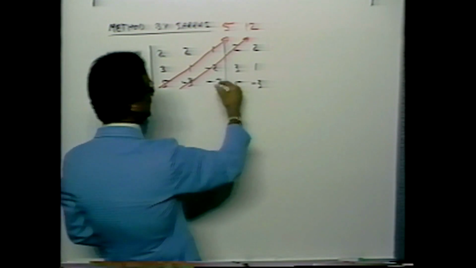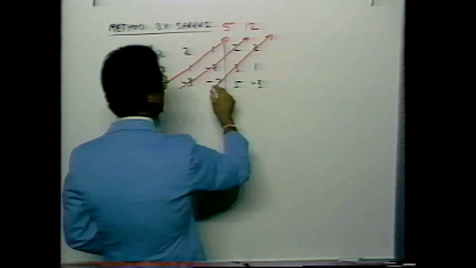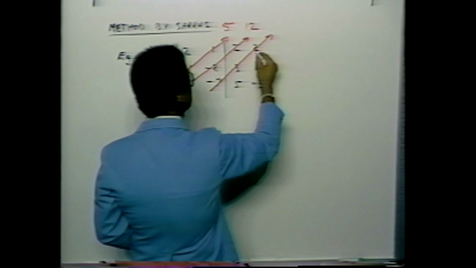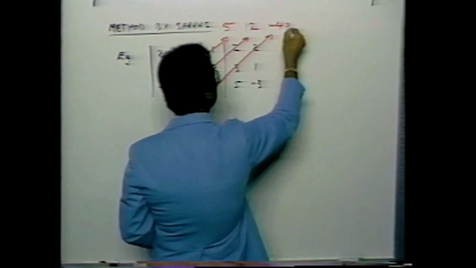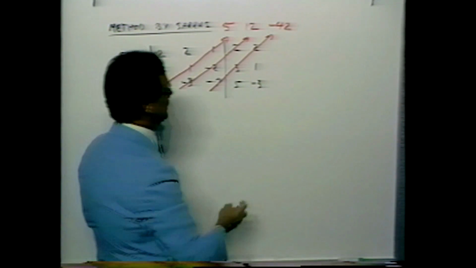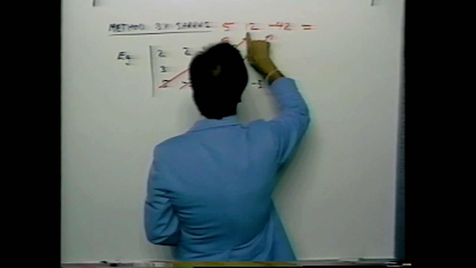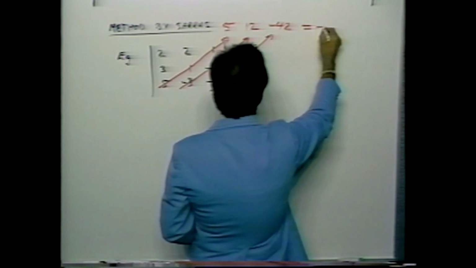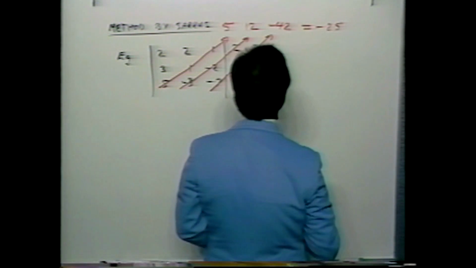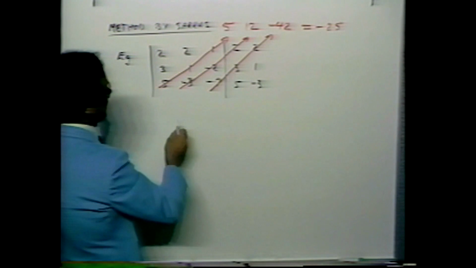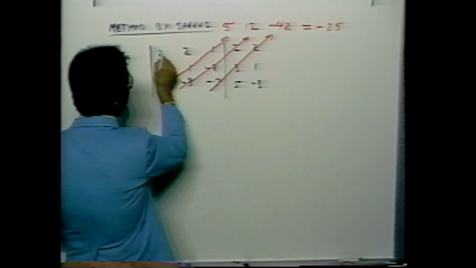And finally, the third diagonal of 3 numbers along here is negative 21 times 2, which is negative 42. And now take the sum. The sum is 5 and 12 is 17, negative 5, negative 25. You repeat the process along a diagonal this way of 3 numbers.